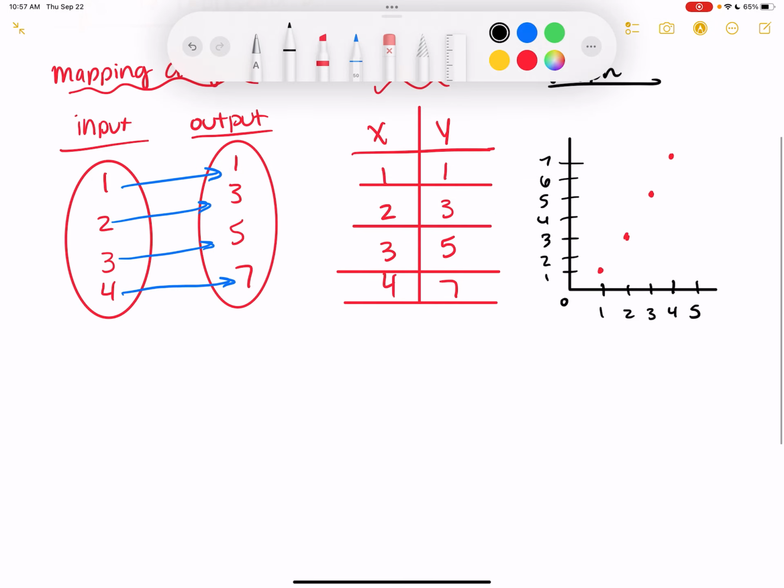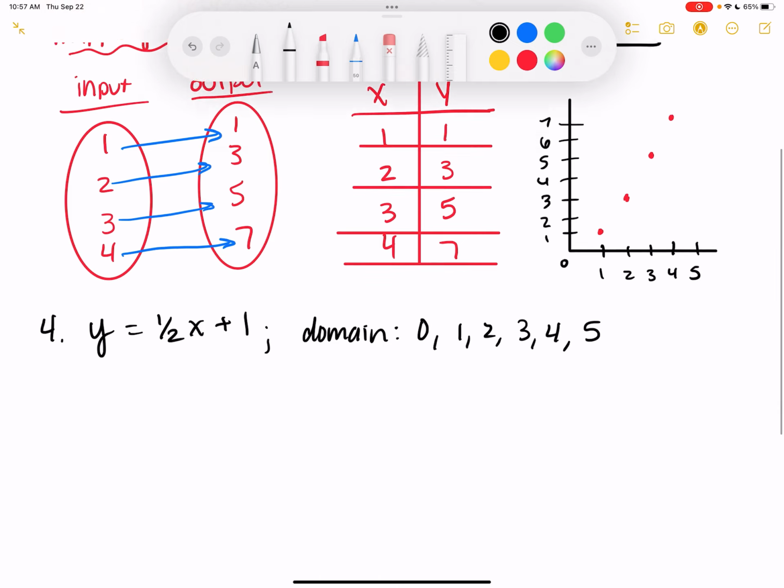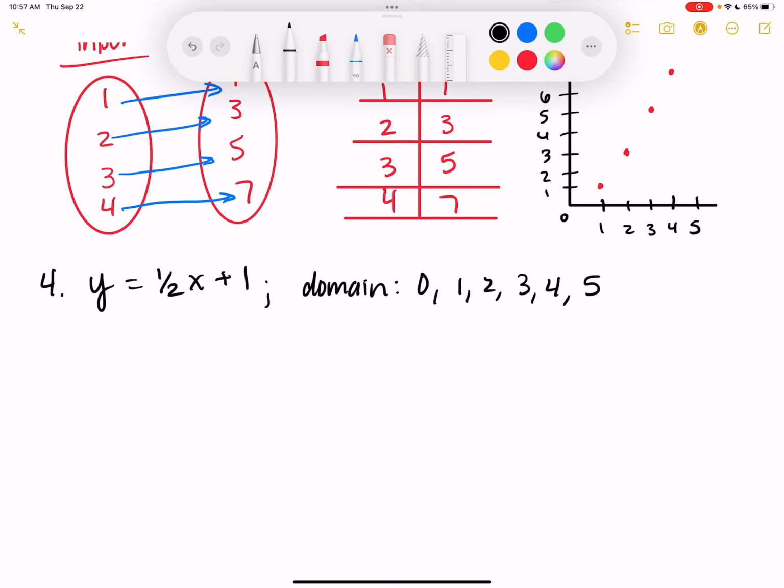So number 4, Y equals 1/2 X plus 1, and then the domain values are 0, 1, 2, 3, 4, and 5. So what I would do is do all the solving first and then graph everything at the end.